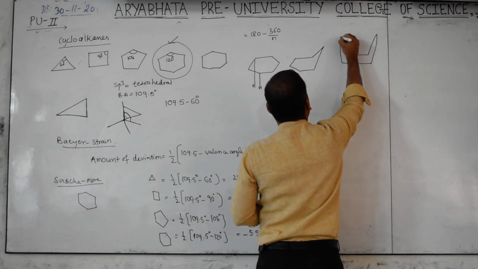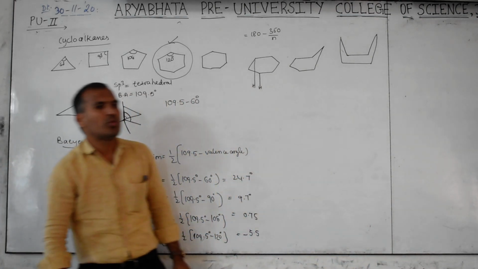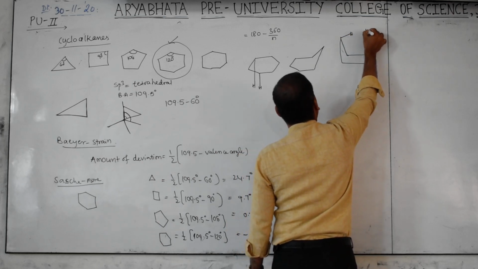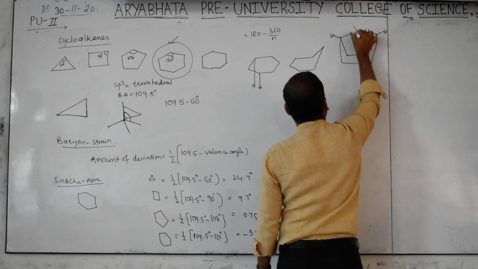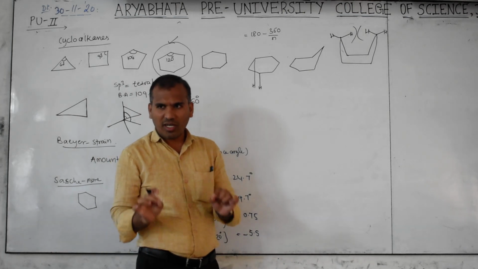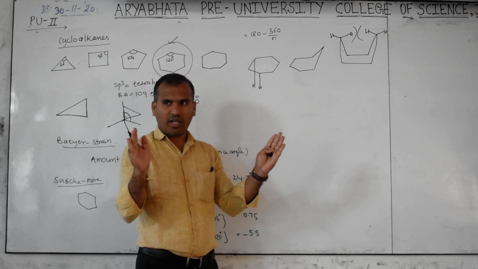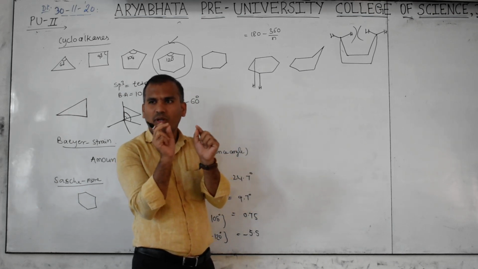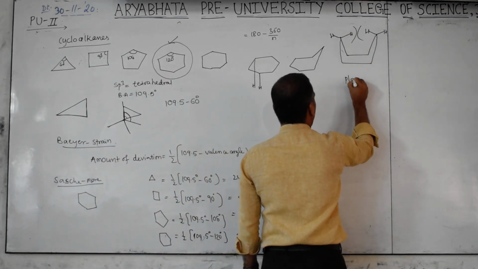Like this. So here how many hydrogens are there? Two hydrogens at every carbon. This is one hydrogen, this is another hydrogen. In between there is some repulsion, that is called steric repulsion. It is small only, but a little bit steric, because when they are together like this, if it is normal they are away. But when like this, like a boat, then it has some repulsion. That is called flagpole. I will write it down.